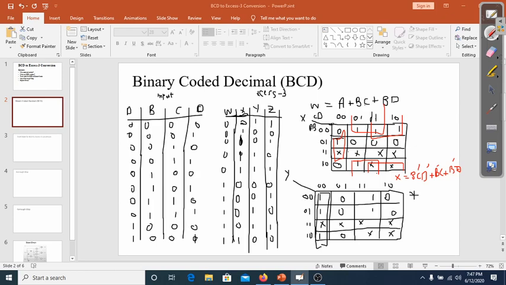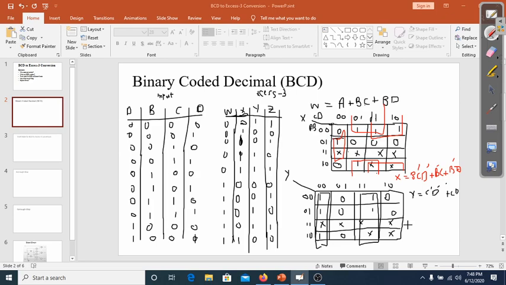So Y is equal to C prime into D prime. Then this column, again this will simplify, so I will get C into D. So Y is C prime D prime plus C into D.